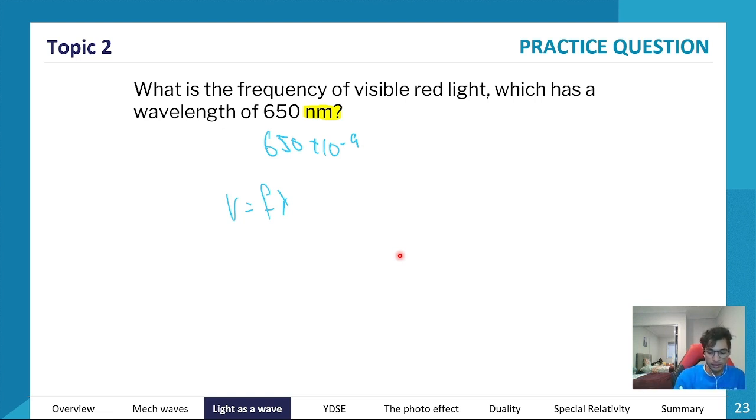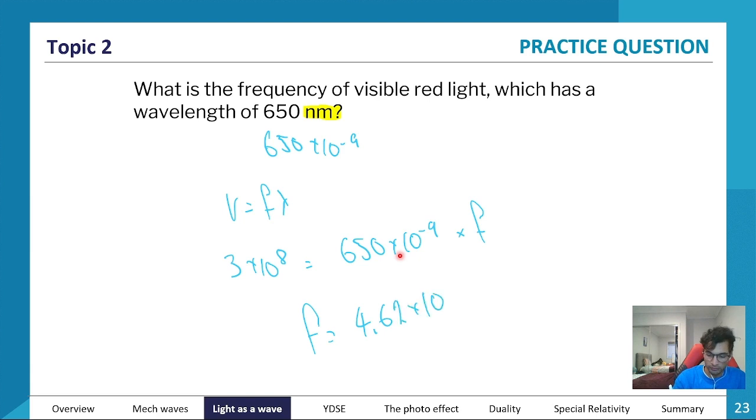So 3 times 10 to the 8 equals 650 times 10 to the negative 9 times the frequency, and that gives you a final answer of frequency equal to 462 times 10 to the 14 hertz. If you really want to be fancy, that is equivalent to 462 terahertz, THz.